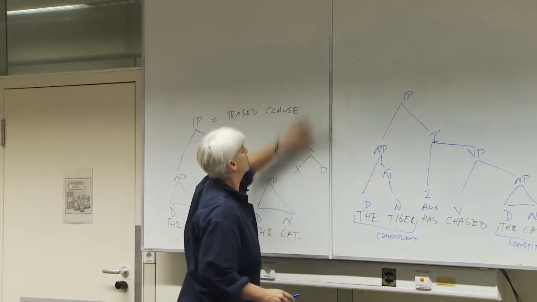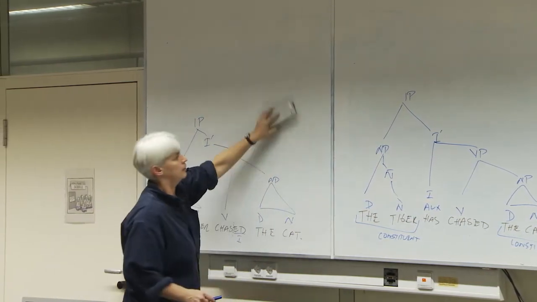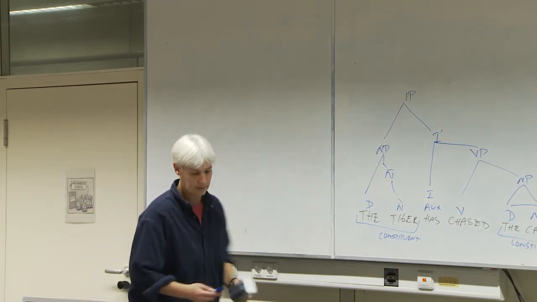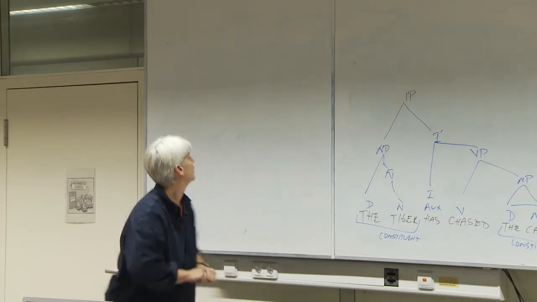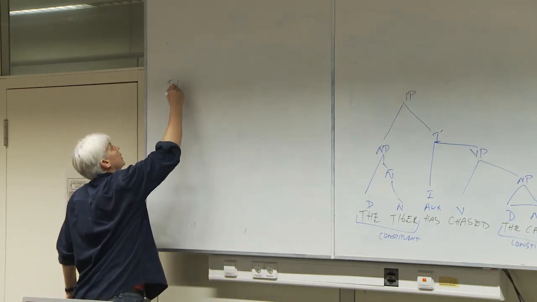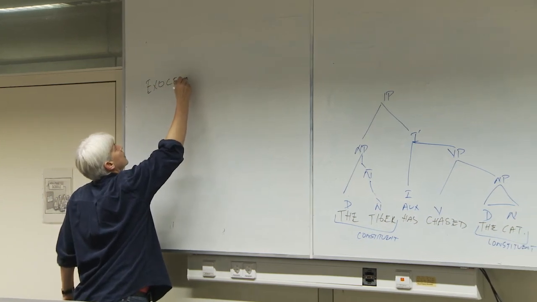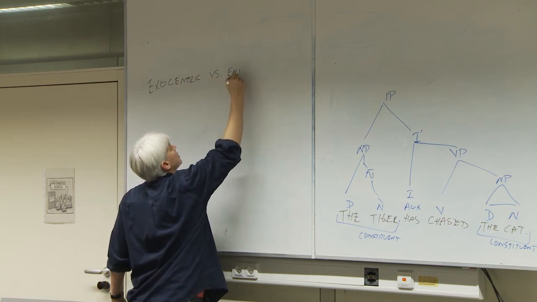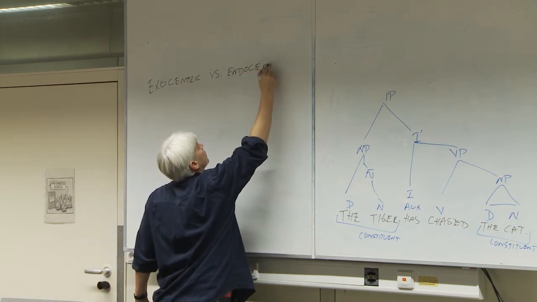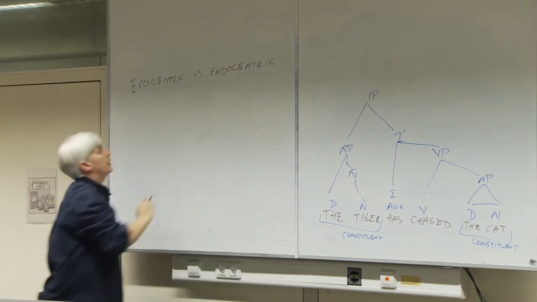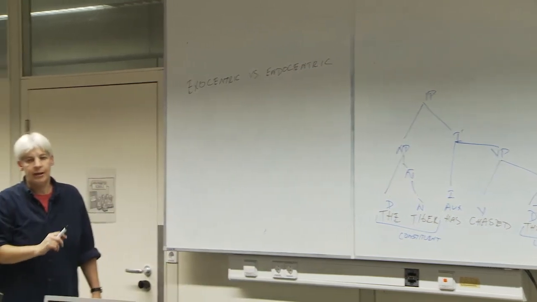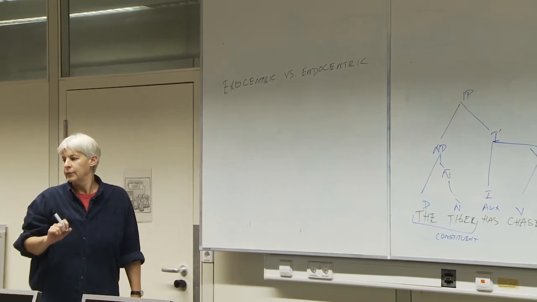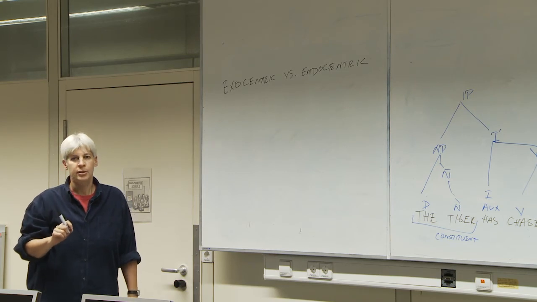Okay, I'm gonna make all this go away. Exocentric structures versus endocentric structures. Okay. And I have a hard time remembering this, but if you know your bugs, apparently your insects, the endo type of insects are which ones?